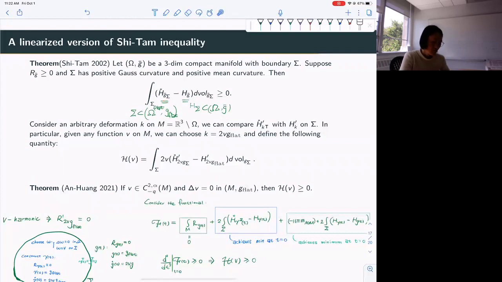So this is the mean curvature of sigma when it is embedded in the flat metric. So we compare those two, and from the Shi-Tam theorem, we know this quantity must be non-negative.